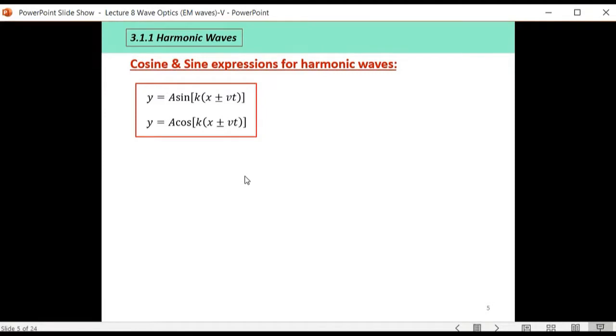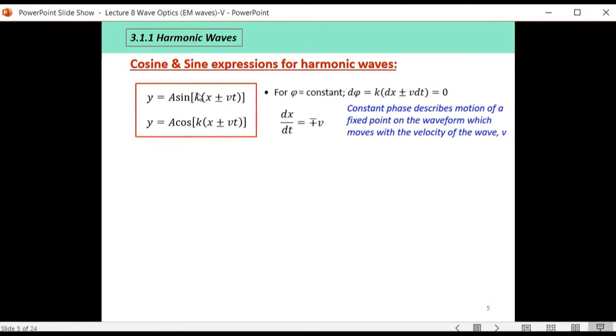Harmonic waves can be expressed using cosine or sine function, as can be seen in these two expressions here. y equals a sin k into x plus or minus vt, or y equals a cos k into x plus or minus vt.